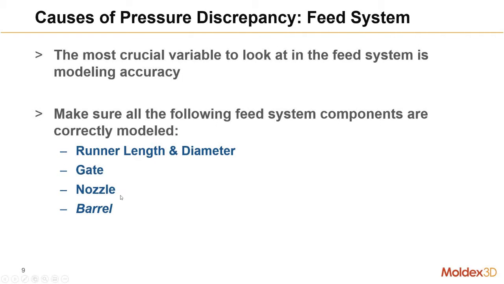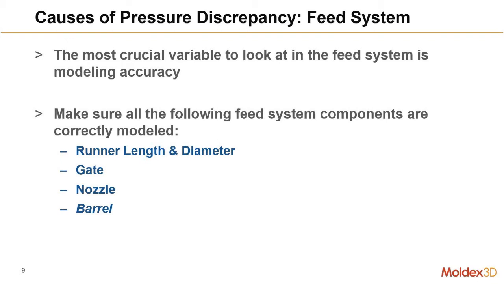All right, the nozzle. I keep saying very important. All of this is very important, but the nozzle is one of the most underutilized parts of the feed system that really needs to be considered, and we'll see the impact of that in the next slide here. The last one here is the barrel, and I've put it in italics because right now we don't directly consider the barrel.